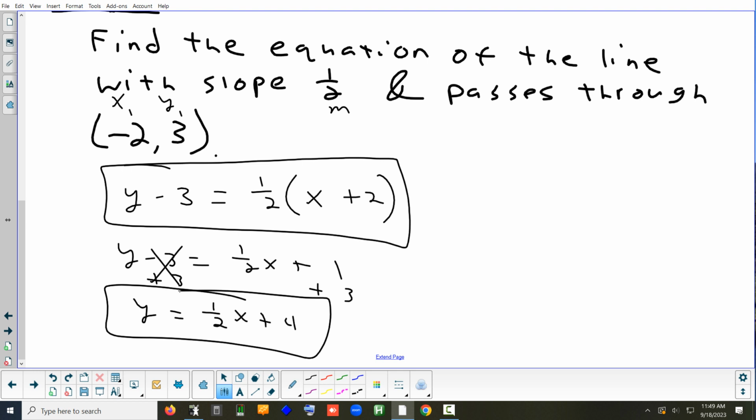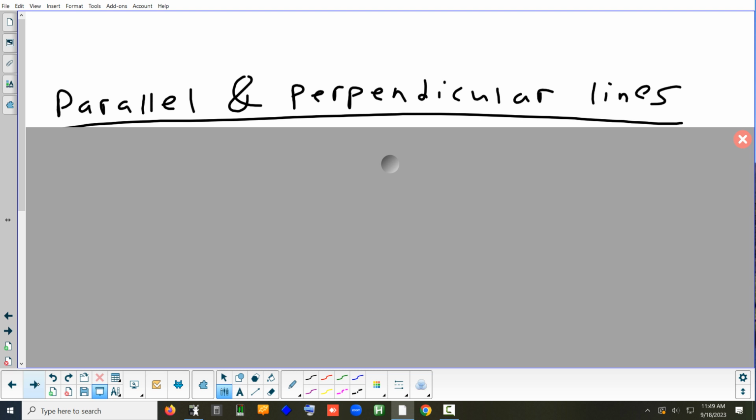All right, last two things. So this is on parallel and perpendicular. And if two lines are parallel, then that means something about them. If two lines are parallel, they would have the same slope, but different y-intercepts. If you have two lines with the same slope, same intercept, then they're the same line.